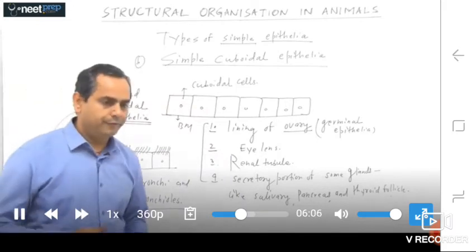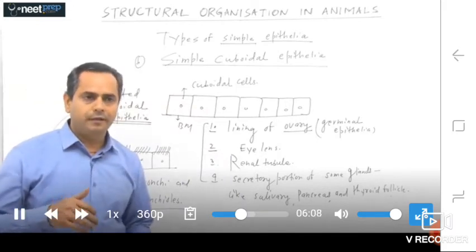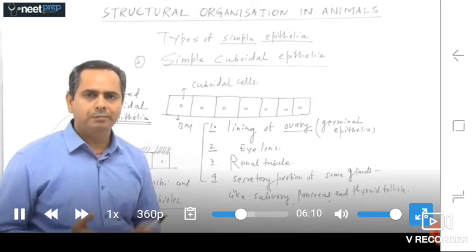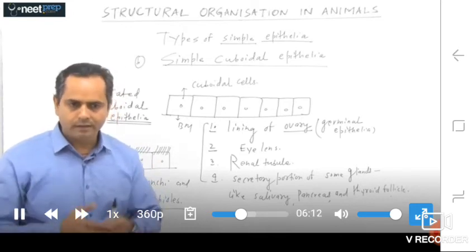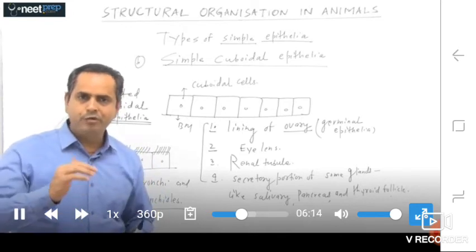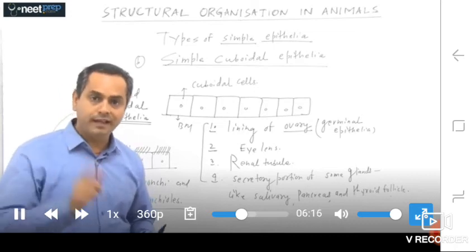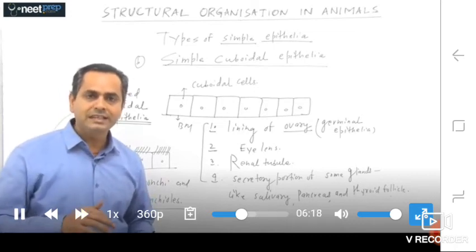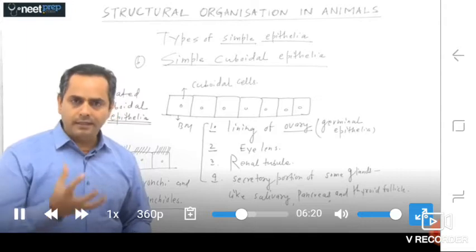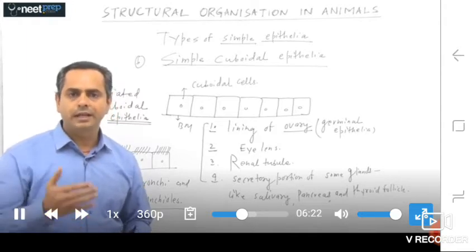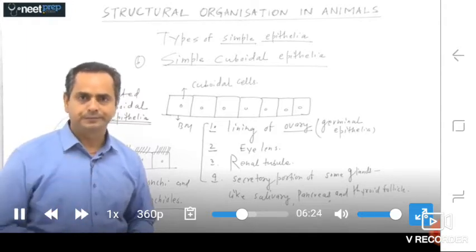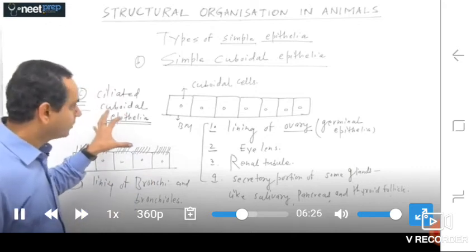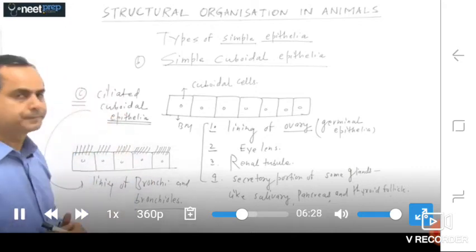And what is the function of that simple cuboidal epithelia in that respiratory tract? It always passes mucus out towards the pharynx so that we can easily expel the dust that is coming through the air in our respiratory tube. That is the ciliated cuboidal epithelia.